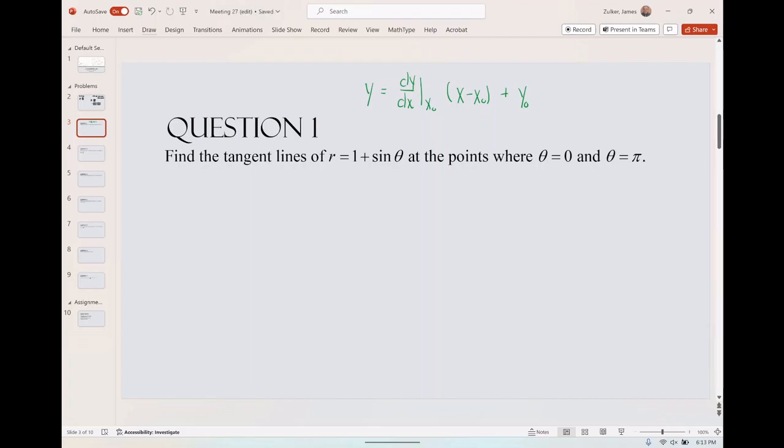And that is the form we're looking for. Now let's just make some adjustments. Dy dx at theta naught, x minus x naught.